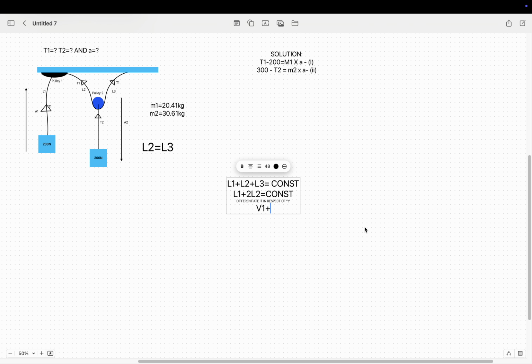So v1 plus 2v2 equals 0. The constant is differentiated, so the answer on the right-hand side will be 0.